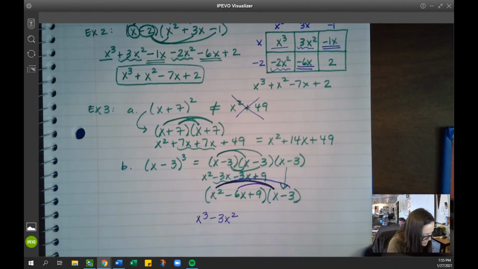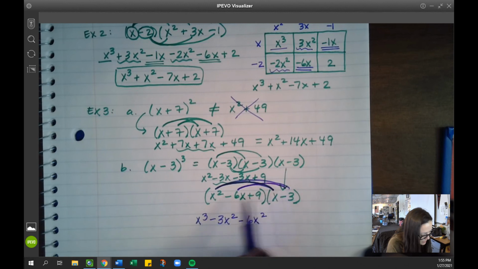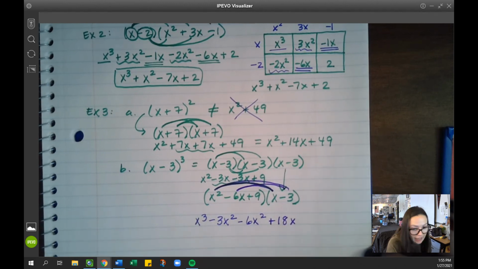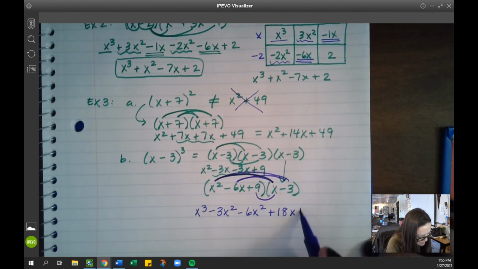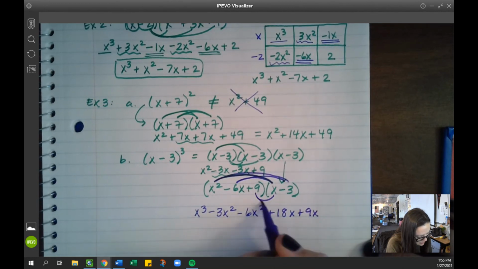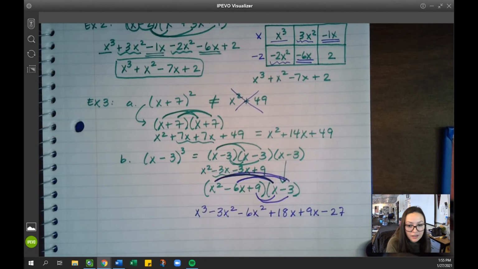So I'm going to do negative 6x times x, which is negative 6x squared. Then negative 6x times negative 3 gives me a positive 18x. Then I am going to distribute the 9. So 9 times x is 9x. 9 times negative 3 is minus 27.